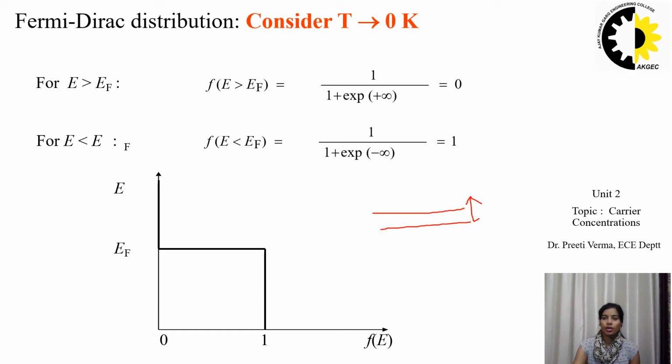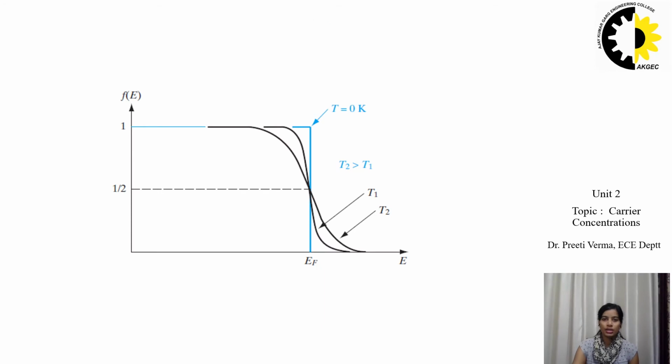Depending upon the temperature, if I plot this, then I will get this blue line, which is for T equal to 0, this one is for temperature T1 and this one is for temperature T2, and temperature T2 is greater than temperature T1. So we can say that there is a difference in the probability of finding an electron at both temperatures T1 and T2.